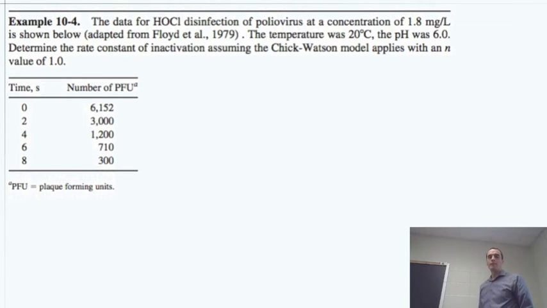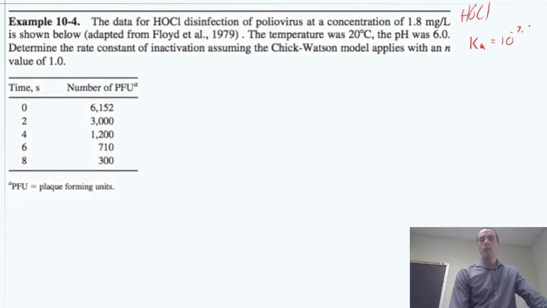So an example problem, it says the data for HOCl disinfection of poliovirus at a concentration of 1.8 milligrams per liter, so concentration of HOCl, is shown below. It's adapted from a study in 1979. Temperature was 20 degrees Celsius. They're giving us that information to give us some indication of the Ka or the pKa. And I'm just going to say, let's use 10 to the minus 7.54.